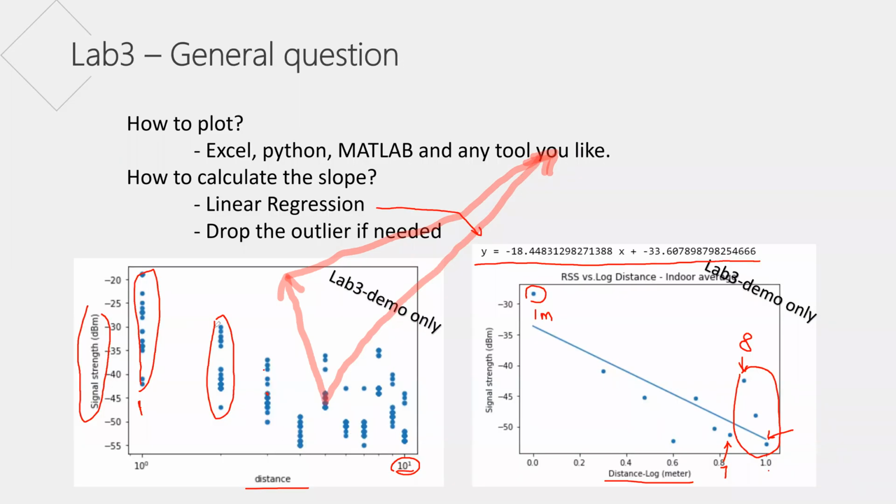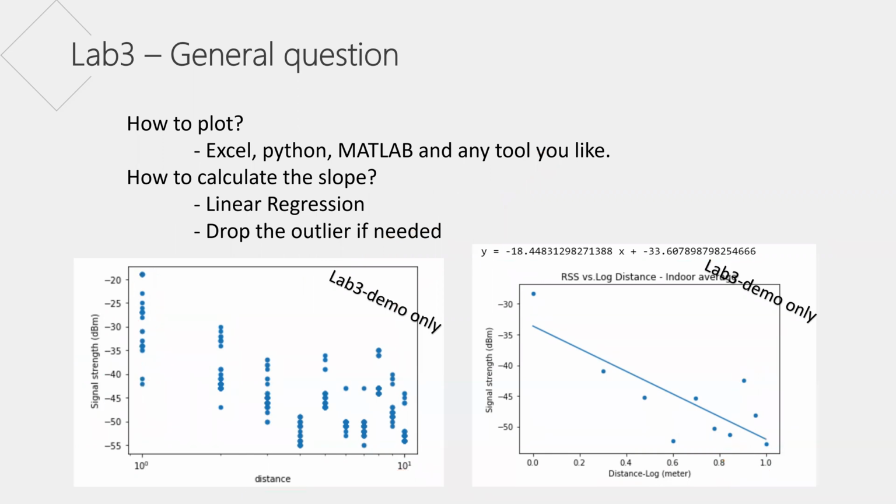So you can see the range is very wide, but the average is in the middle here. So we can see most of the signal strengths will stay in this area. That makes sense.